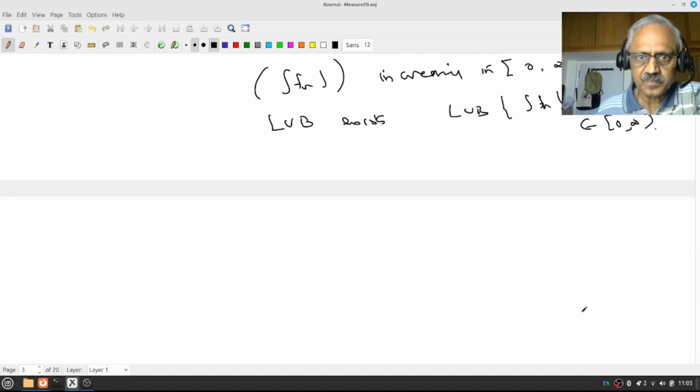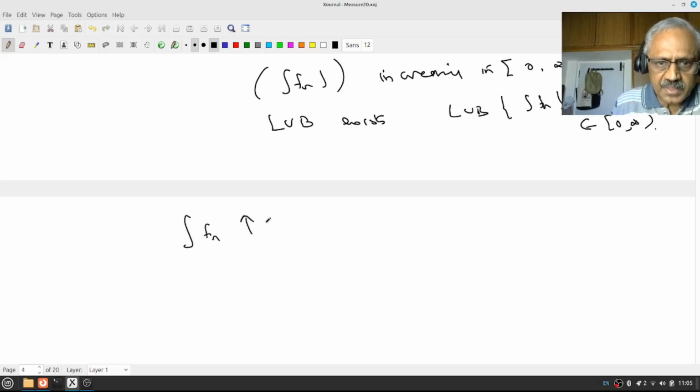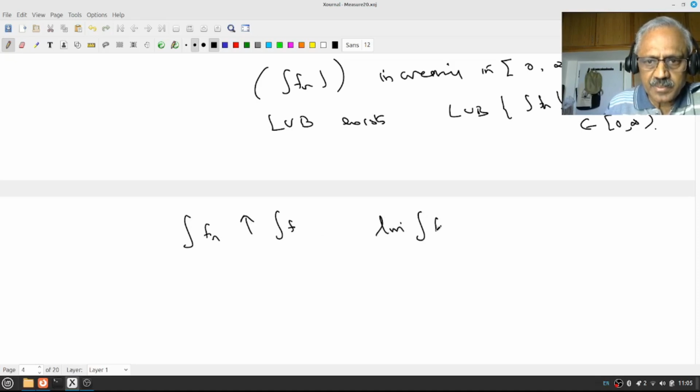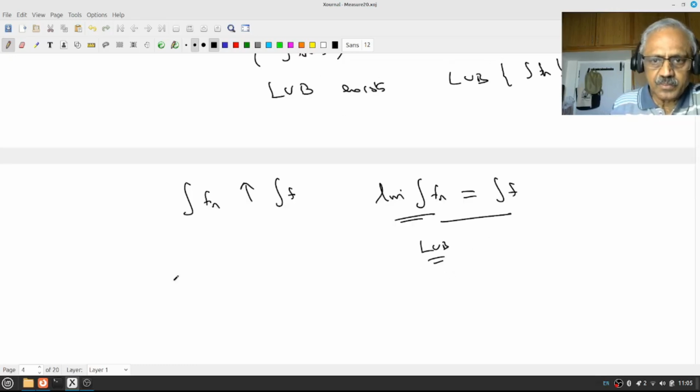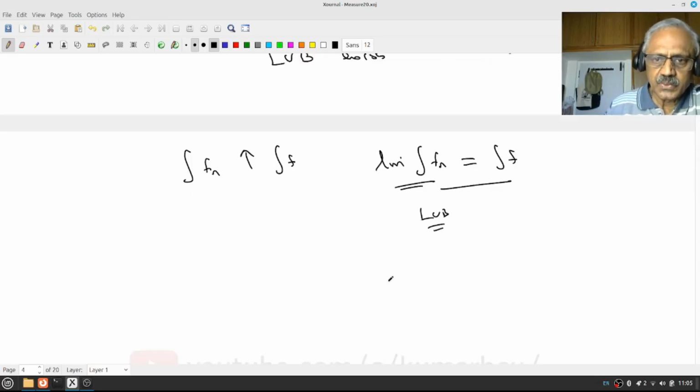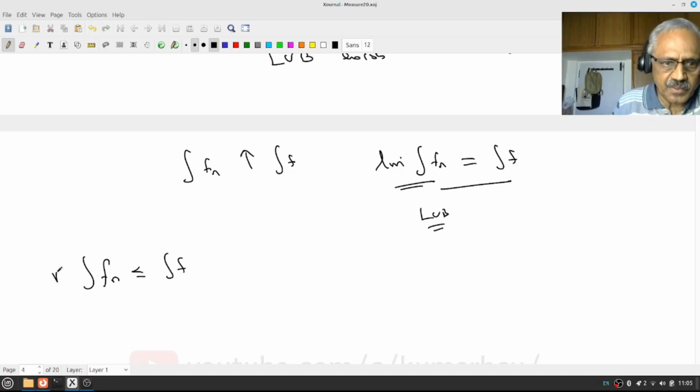So when we want to show the integral of Fn increases to the integral of f, what does it mean? It says the limit of the integral of Fn equals the integral of f. Since this is an increasing sequence, its limit is the LUB. By monotonicity, I know the integral of Fn is less than or equal to the integral of f for all n.